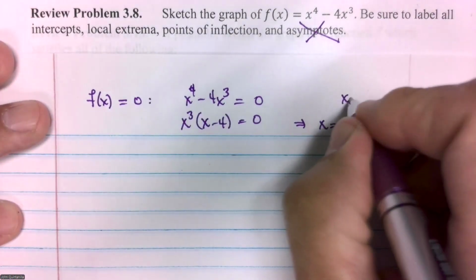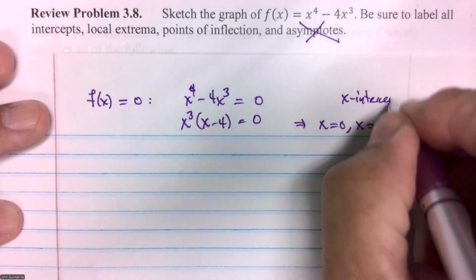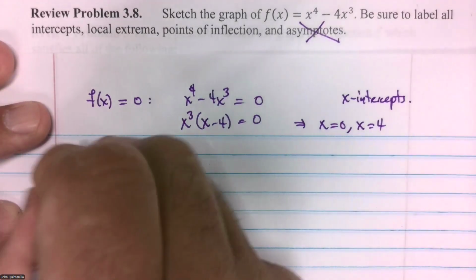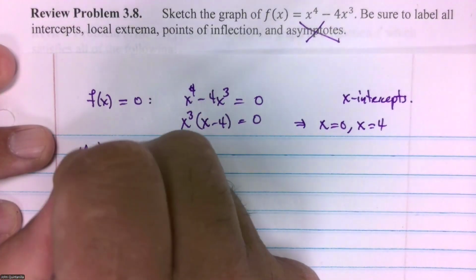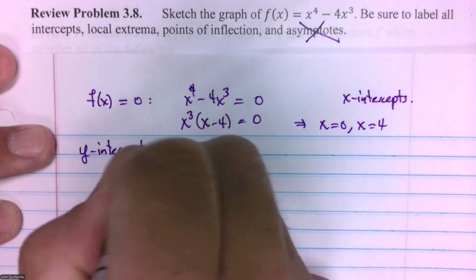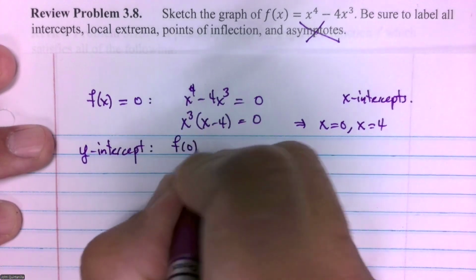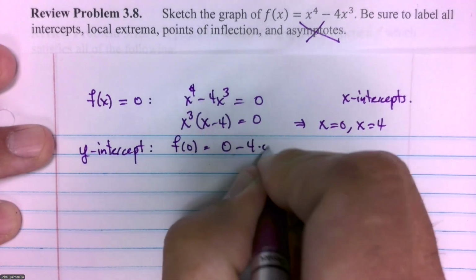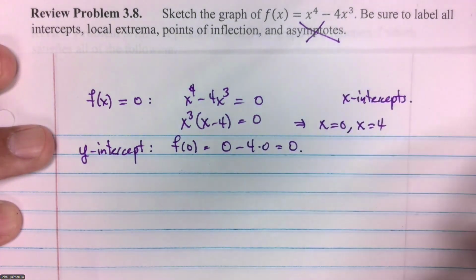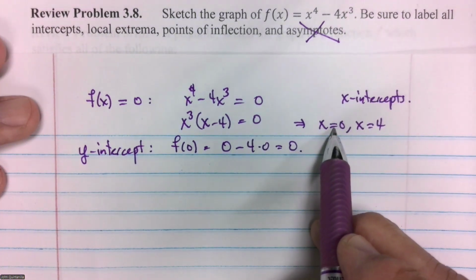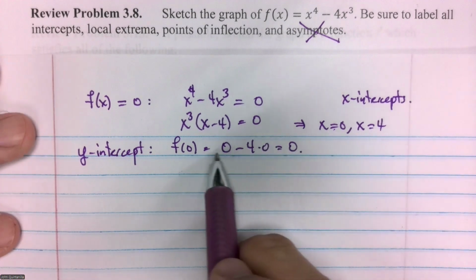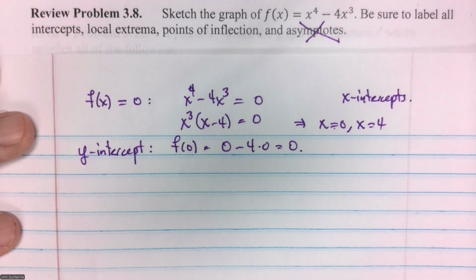So those are the x-intercepts. What I'm about to do is redundant, but we'll do this anyway. The y-intercept is what I get when I plug in 0. So f of 0 is 0 minus 4 times 0, which is 0. I already knew that because 0 was an x-intercept, and so therefore 0 will also be a y-intercept.